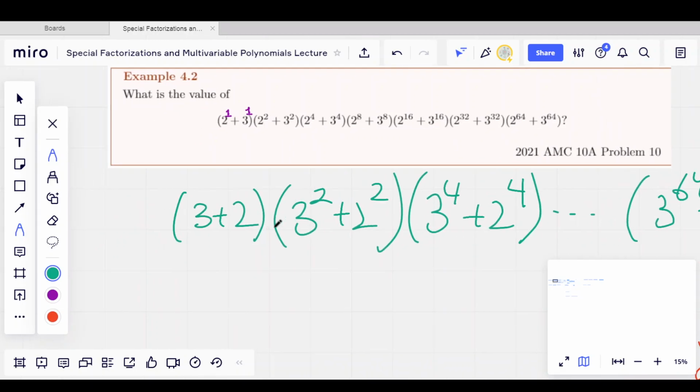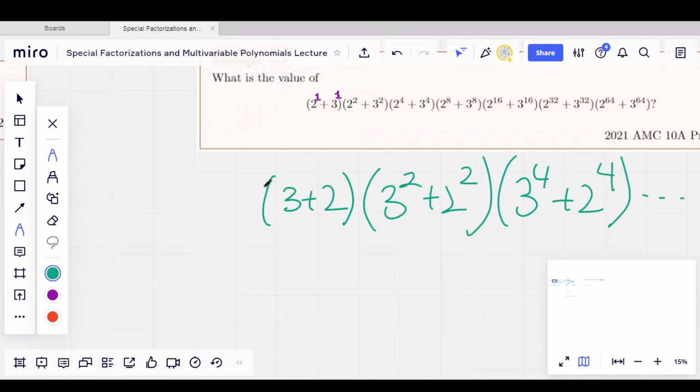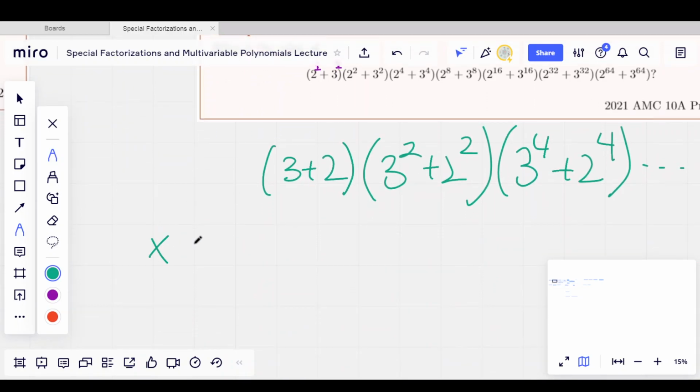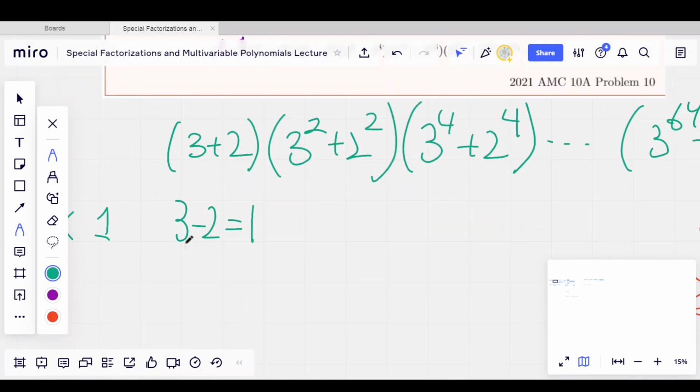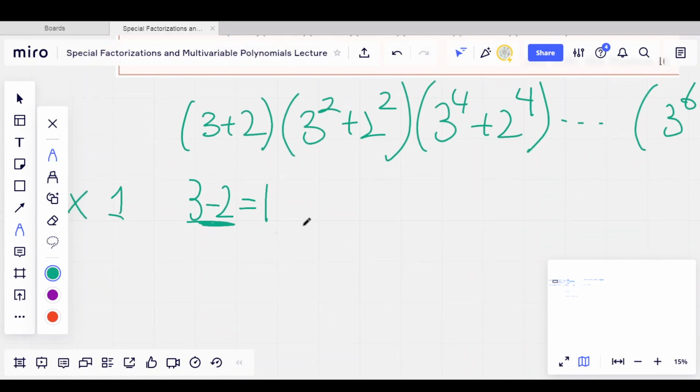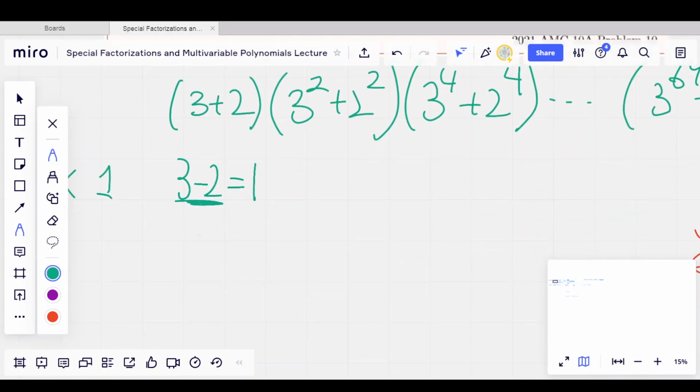And now, we can use the difference of squares to collapse this whole thing. So we multiply by 1, and note that 3 minus 2 is 1. So we're just doing nothing to it, except it's like a clever manipulation.